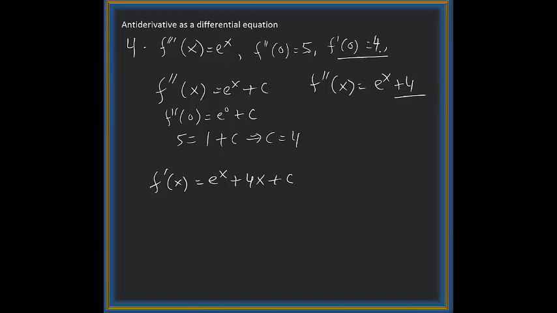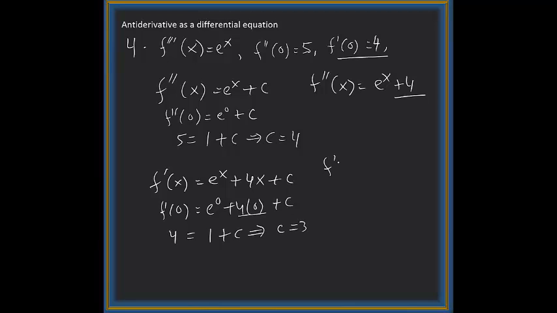Then use the second condition we have, f prime of 0. So f prime of 0 is e to the 0, 4 times 0, plus c. F prime of 0 is given as 4, e to the 0 is 1, and this goes away, plus c. So from here we see c equals 3.